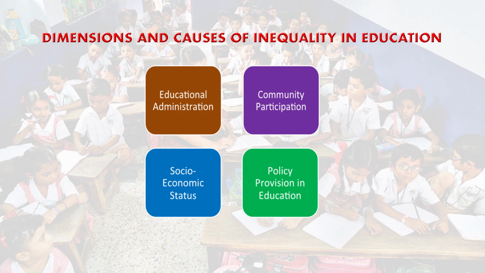Many a time you will find that the policy says one thing, but it has not been uniformly implemented across the country. Okay. If I give the example of the education commissions, I can take the example of NPE 1986 and at the same time the recent policy, that is NEP 2020, National Education Policy 2020.